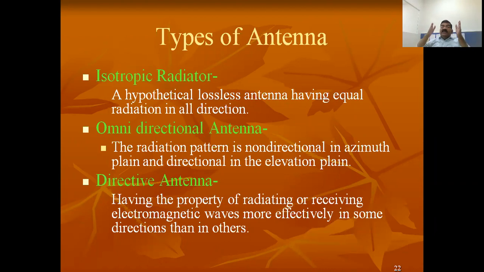So the intensity is more in this particular direction, and as compared to the other direction there is very low intensity. These are the three basic types, and we will require these three basic types further, because these are very basic and with reference to mathematical calculation all these three basics are required.